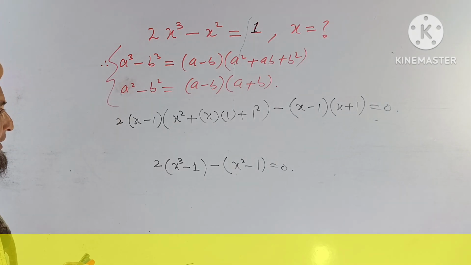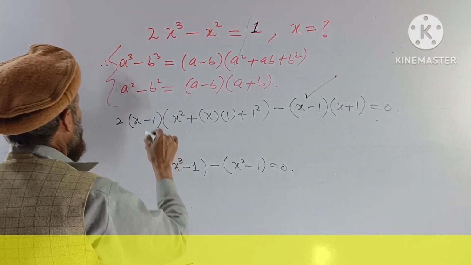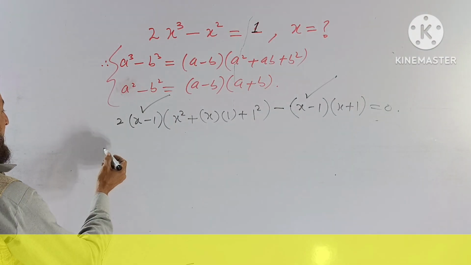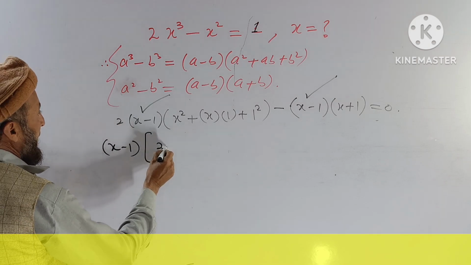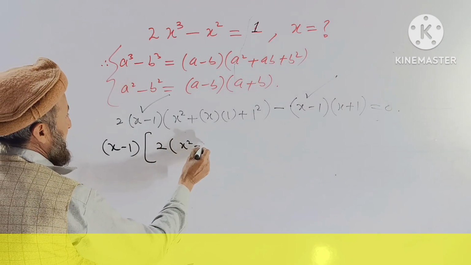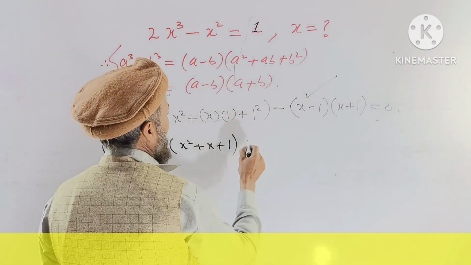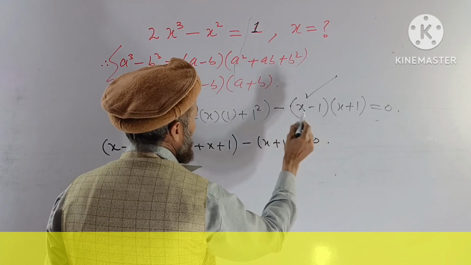Now in the given expression, look here, x minus 1 and x minus 1 is common. We are taking common x minus 1. 2 into x square plus x plus 1 is remaining, and here minus x plus 1 is remaining, is equal to 0.